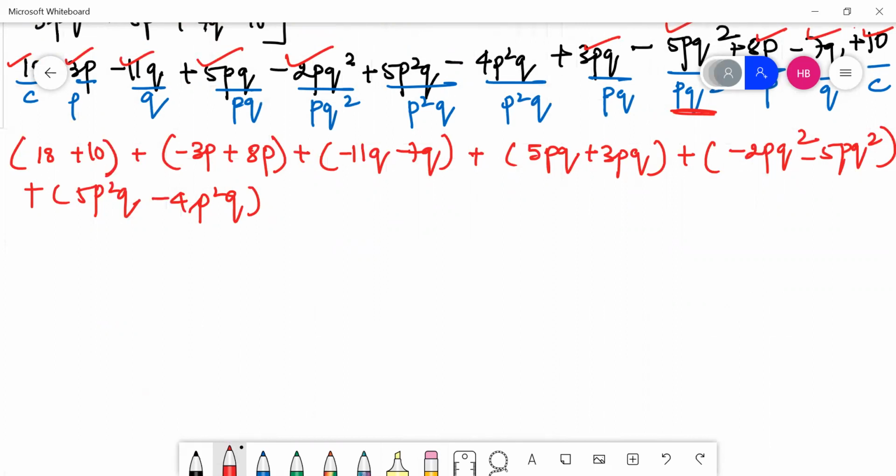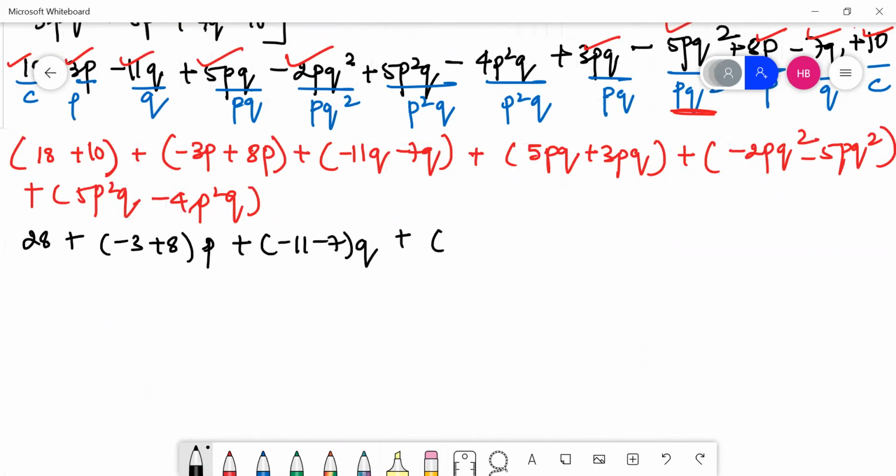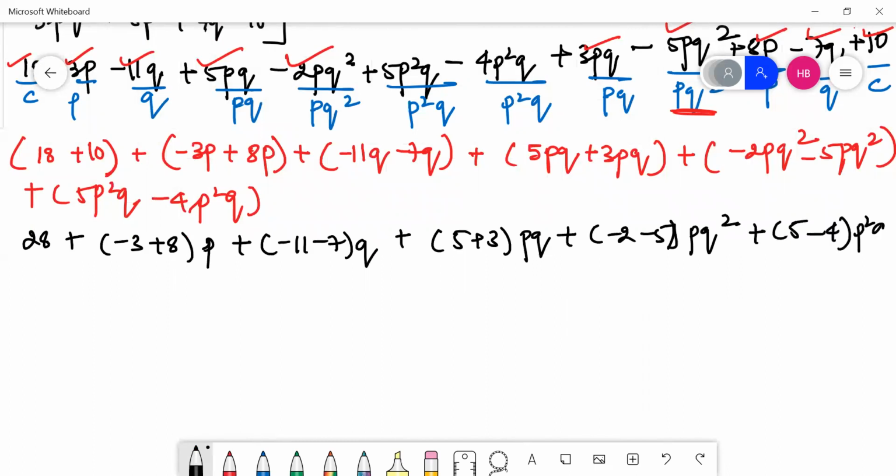18 plus 10 will give me 28, plus minus 3 plus 8p minus 11, minus 7q plus 5 plus 3pq plus minus 2 minus 5pq square plus 5 minus 4p square q.